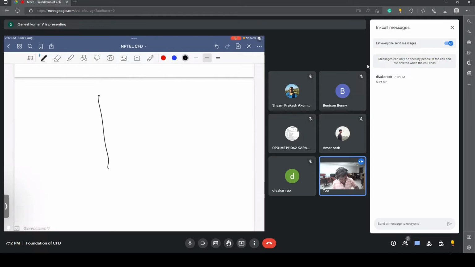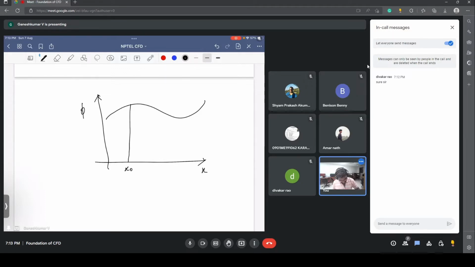Let's say I am plotting a function. A function can be any curve. Let's say this is phi and this is x, and based on x it varies like this, but the only thing we know is, let's say this is x naught.